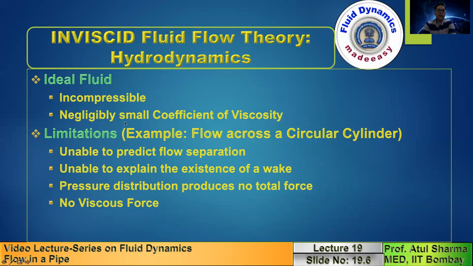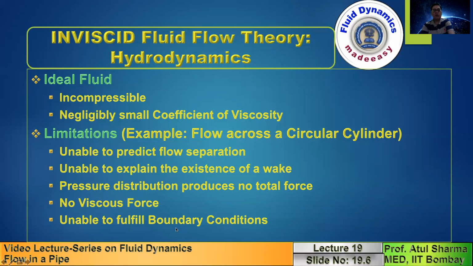And as the approximation is such that you consider a negligible coefficient of viscosity, there is no viscous force in this case, and it follows a boundary condition where the normal velocity is equal to zero, but this inviscid flow theory does not obey the tangential velocity equals zero boundary condition.